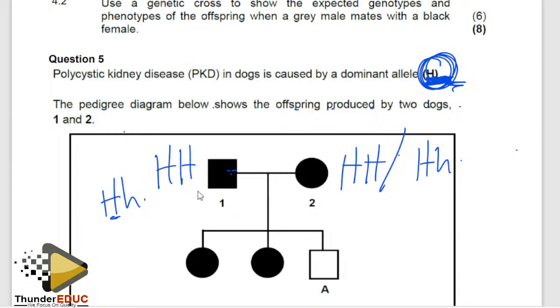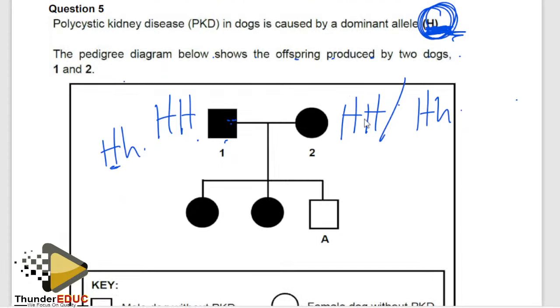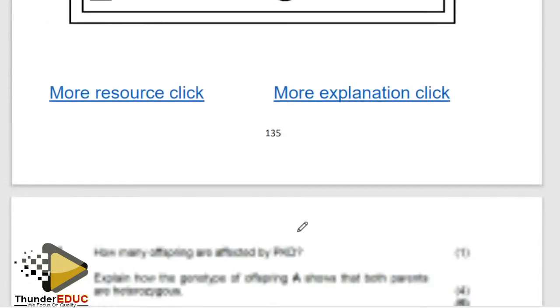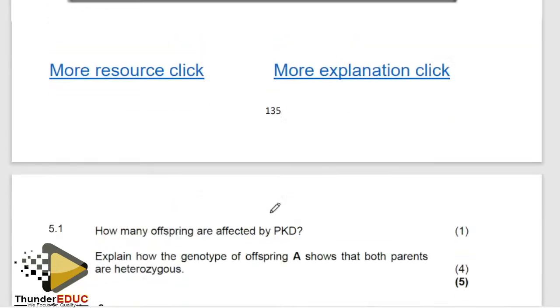However much it is a male, I'm not using X and Y, because they didn't say it is caused by a sex linked allele. So in this case I can identify how many individuals are affected.